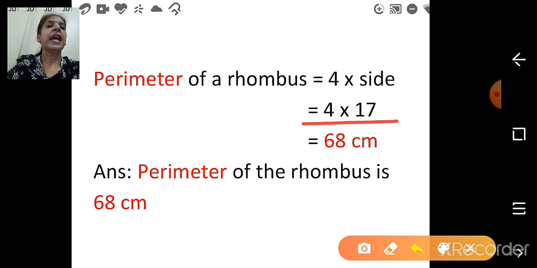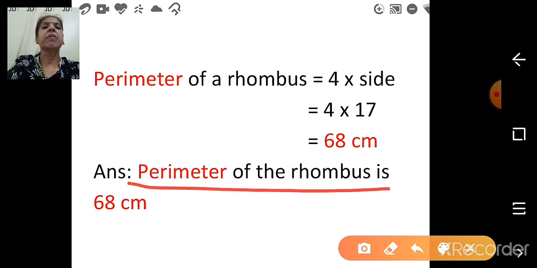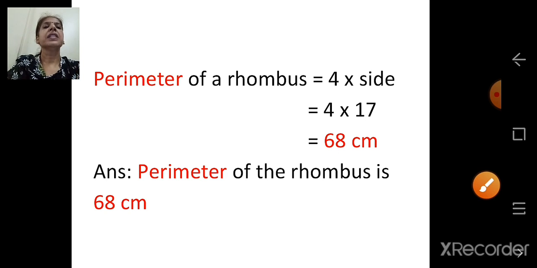You can do the direct multiplication. 4 sevens are 28, 8 and 2 to carry. Then 4 ones are 4 plus 2, 6. 68 centimeter. Final answer is perimeter of the rhombus is 68 centimeter. So that is sum of all sides. We have written perimeter 68 centimeter.